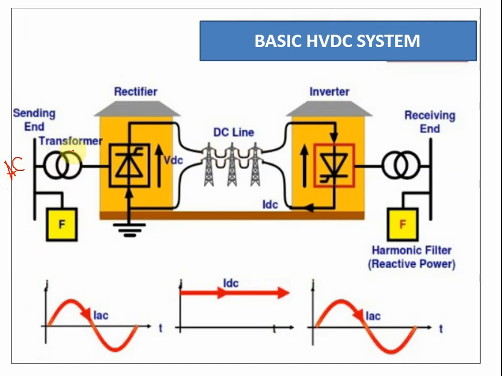This is your converter transformer, a special type of transformer. As per the requirement we operate this converter transformer. Then this filtered AC power is given to the converter station. Inside this converter station there are thyristor bridges, which are used for the operation of the converter station. In this converter station we convert AC power into DC power.